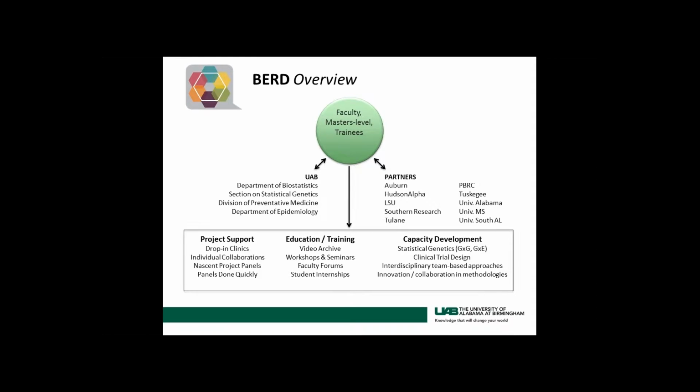In preventive medicine, we have Bob Oster with expertise in categorical data analysis and small sample size methods. We've got the Department of Epidemiology with Jerry McGuinn and Emily Levitan, with expertise in multiple designs.